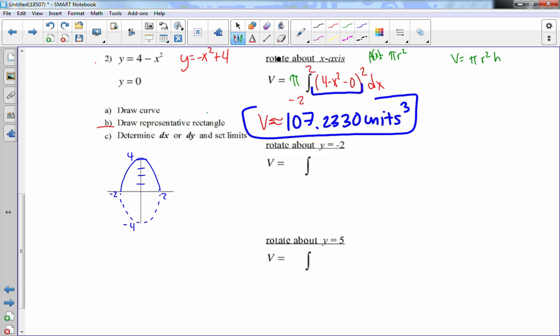Alright. Actually, I'm going to take the wrong part off, because the second part, we're no longer rotating about the x-axis, but now we're going to rotate it around y equals -2. So if we rotate around that, what type of shape are we going to get?